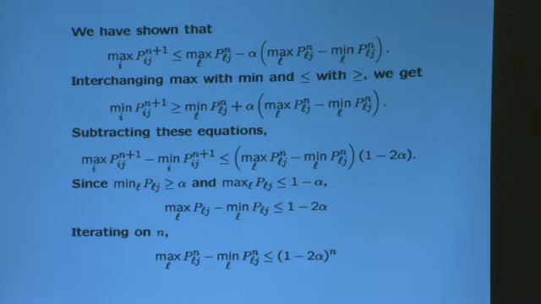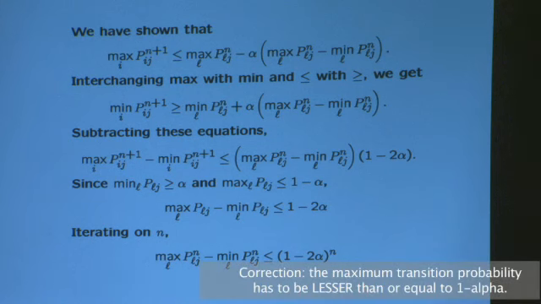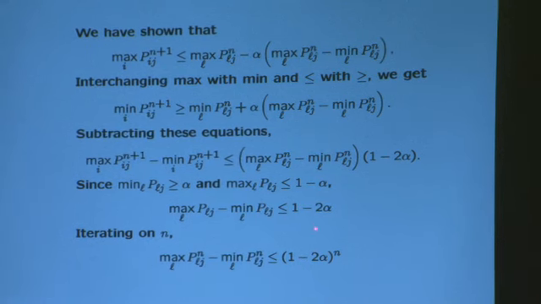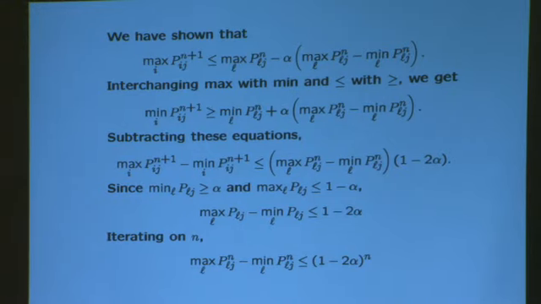If I take the minimum transition probability from l to j, it has to be greater than or equal to alpha, because we said that alpha was the absolute minimum of all the single-step transition probabilities. Then the maximum transition probability has to be greater than or equal to 1 minus alpha. It's just by definition of what we choose. So if I take the maximum minus the minimum, it's just 1 minus 2 alpha. So that's your first step in the induction process.